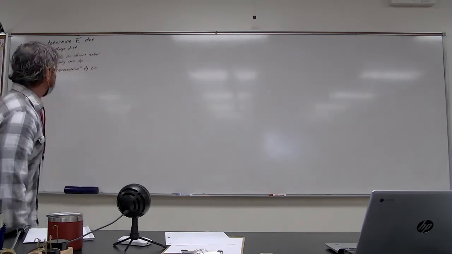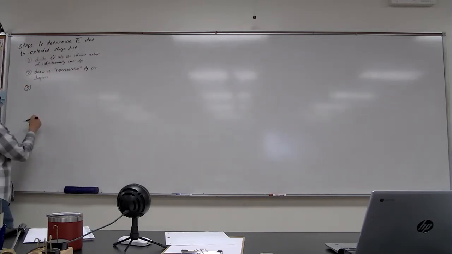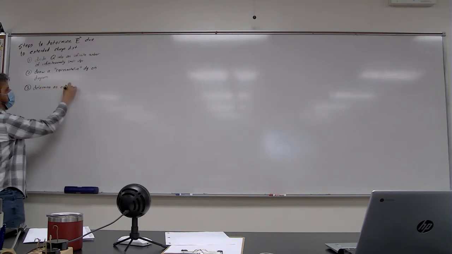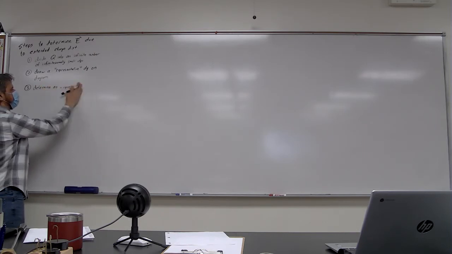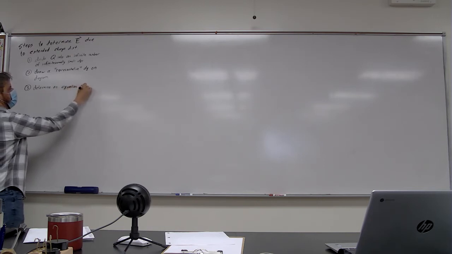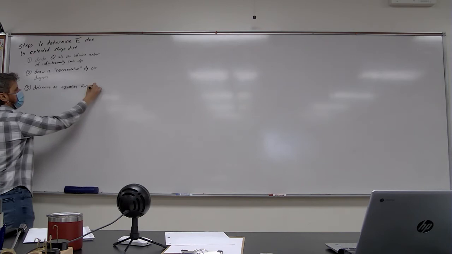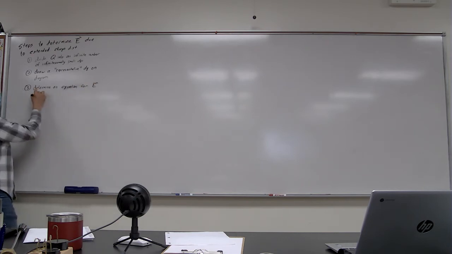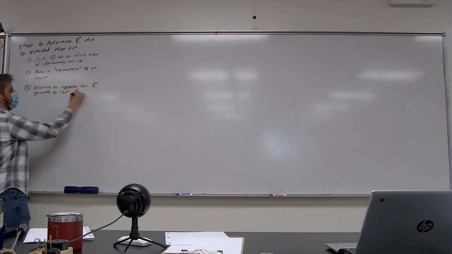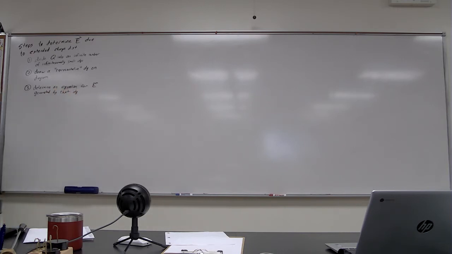Okay, so you draw a representative dQ on the diagram, and then you determine an expression, or an equation, I should say equation, for the electric field generated by that dQ. That equation will have dQ in it.